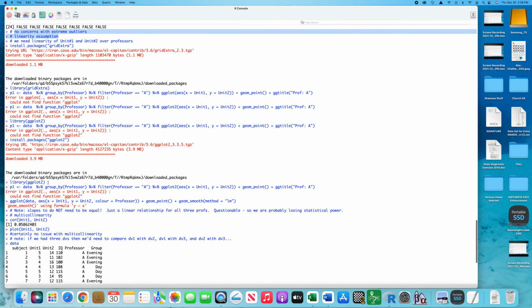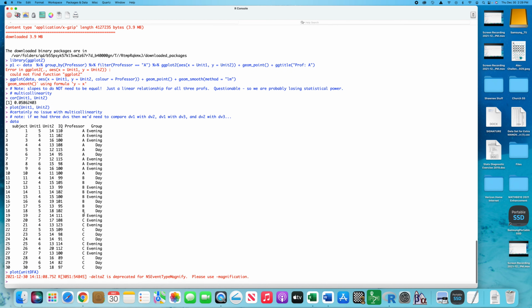So what I did is I went back to an old buddy of mine, ggplot2. I installed it, and I ran this command right here, and let me show you what happens there.